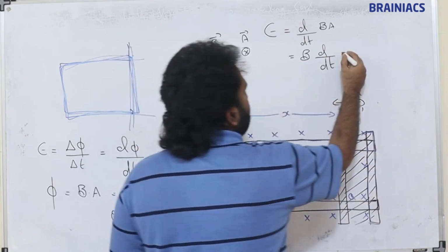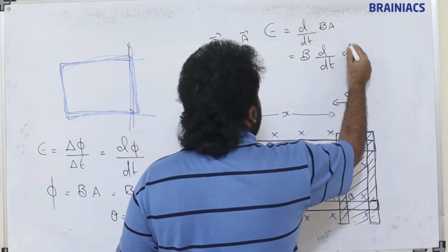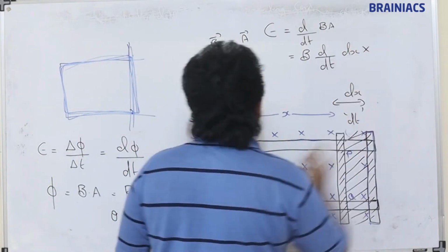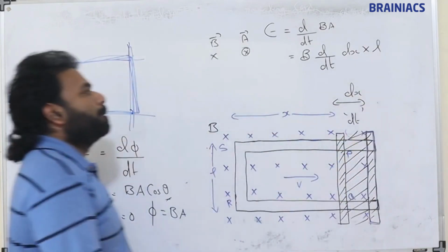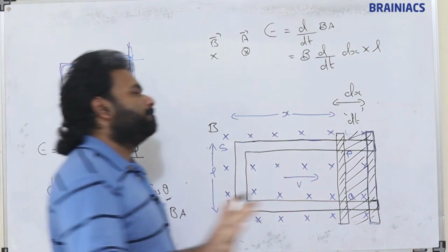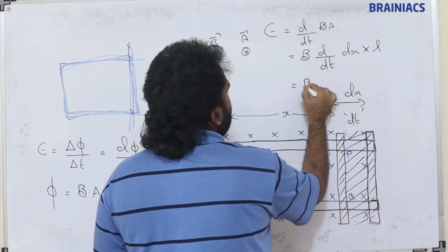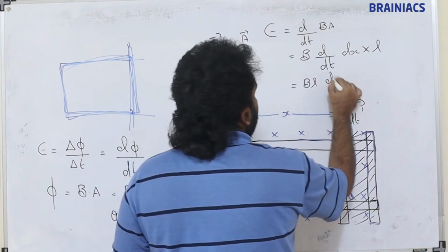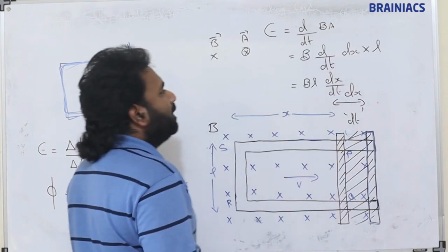So what is the area? Area is nothing but length into breadth. So dx into this length, which is the breadth. Any confusion? Clear? And this length is constant, so I am going to take this one outside. Now this is going to be dx by dt.